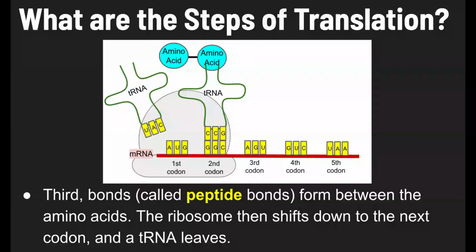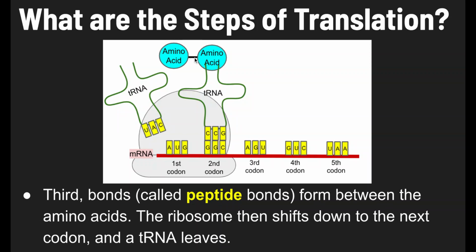Now, the third step: a bond is going to form between the amino acids when a new tRNA comes. So here was my tRNA that was on the last slide. A new tRNA arrives, and it brings with it an amino acid. Those amino acids that are next to each other form a bond.